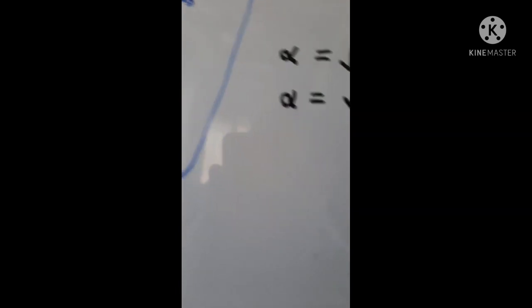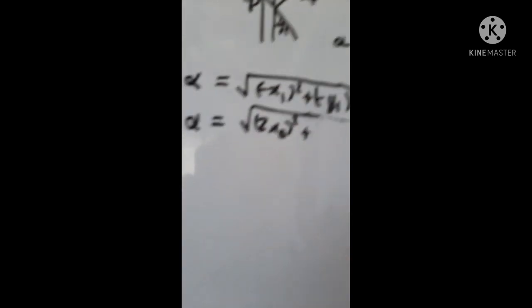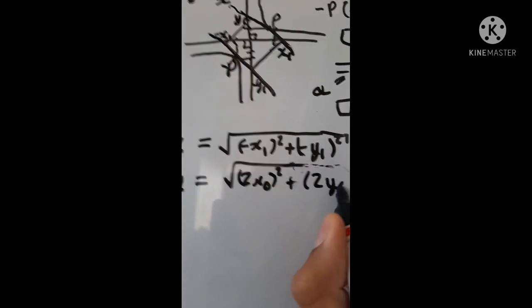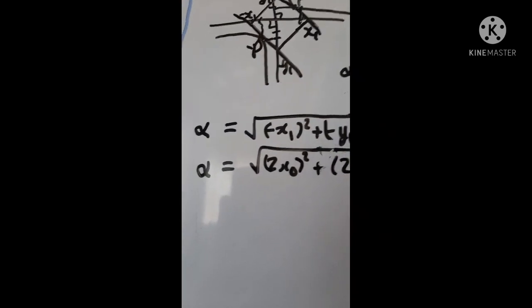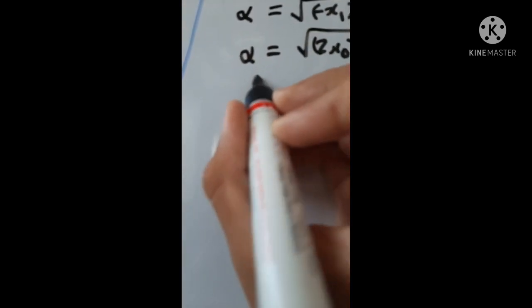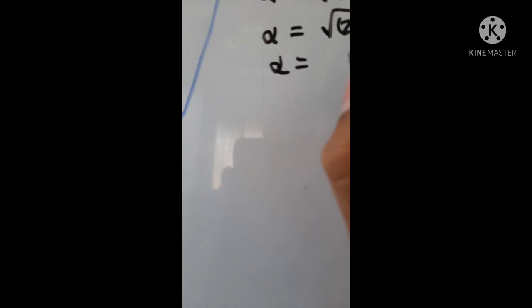Wait, what? Oh, I made a big mistake there. Get the duster back. Big mistake. So we have 2y0 squared. There we have it. That's not that hard, is it?